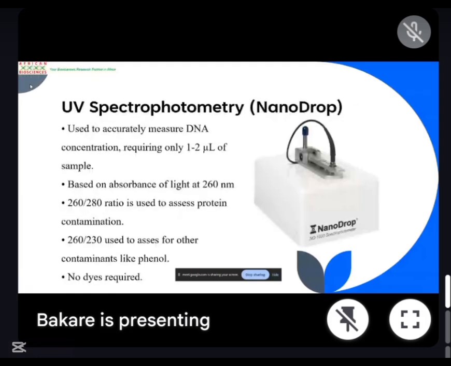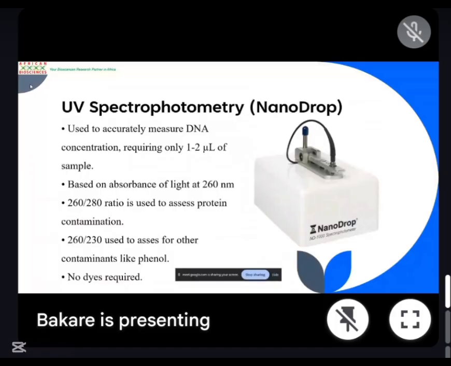So for the nanodrop, this is how a nanodrop looks like. You see that place that has that black wire, that's where you open it. When you open it, there is a pedestal there, at the bottom, the one that the cover is resting on.